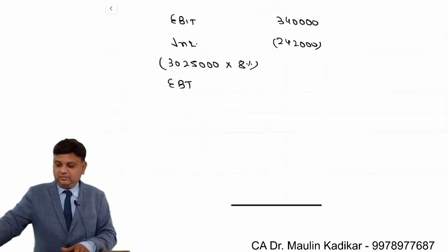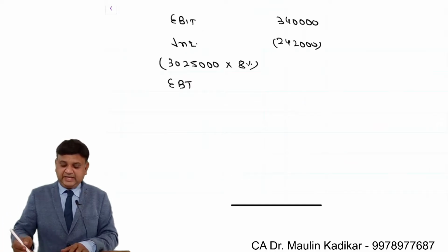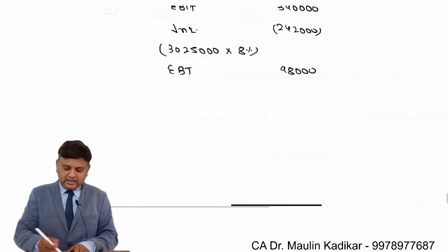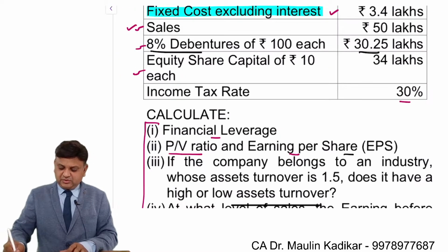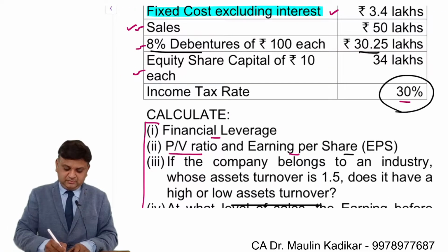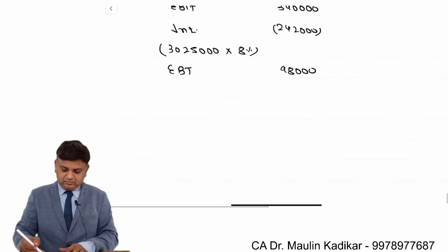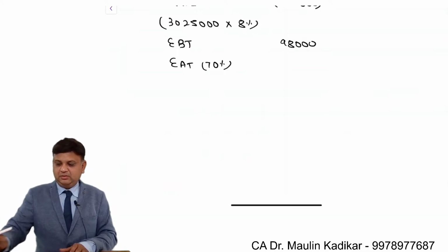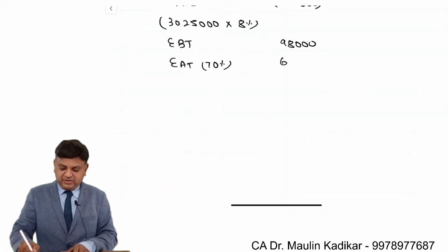So EBT is 98,000. Income tax rate is given to us in the question, 30%. So earning after taxes is 70%, 68,600 friends.